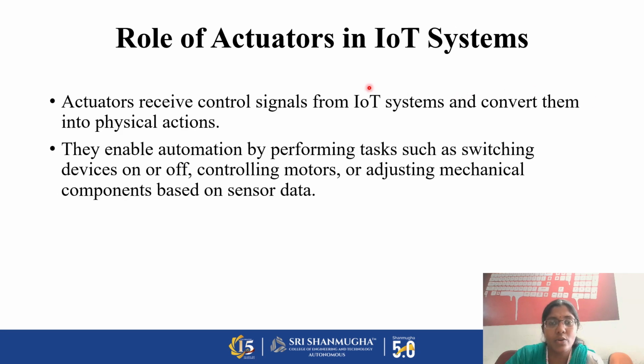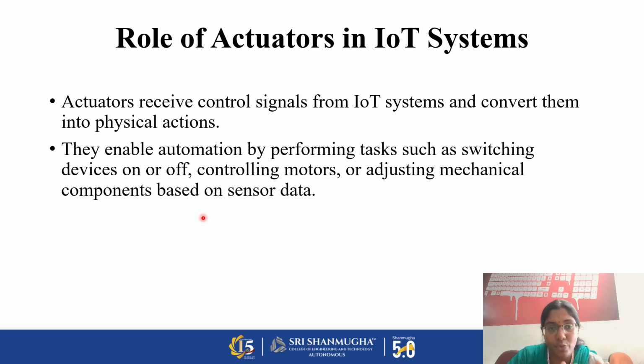And the next one is the role of actuators in IoT systems. What is the role of an actuator? The actuator will receive control signals from the IoT system and convert them into physical action. If you want to control any physical element in your environment, that can be done with the help of an actuator. They enable automation by performing tasks such as switching devices on or off.